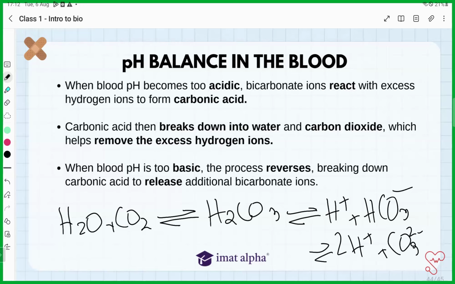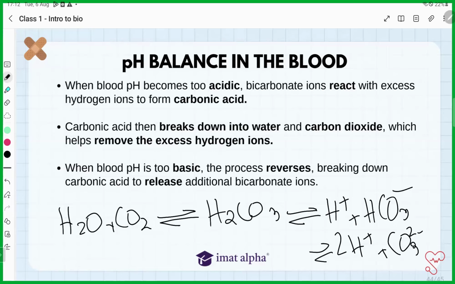These reactions react according to how many hydrogen ions we have inside the solution. If inside the blood we have a high amount of hydrogen ions, here we have the reactants. Let's work on this chemically and then we speak biologically. Chemically, according to Le Chatelier's principle, when we increase the concentration of the reactants, what happens?